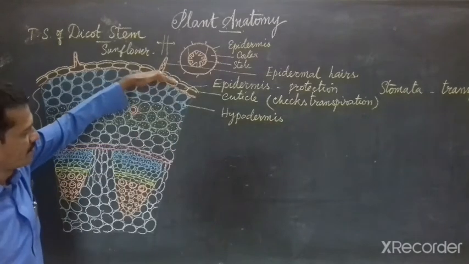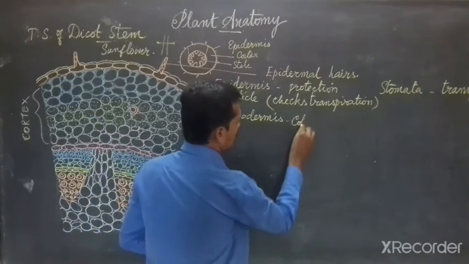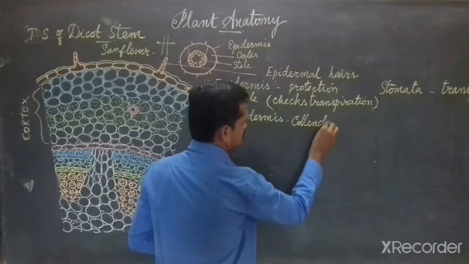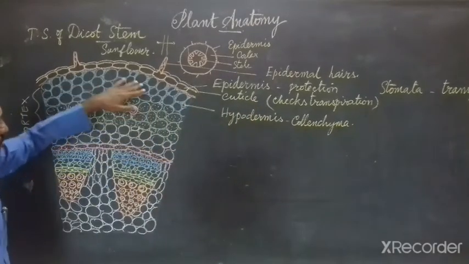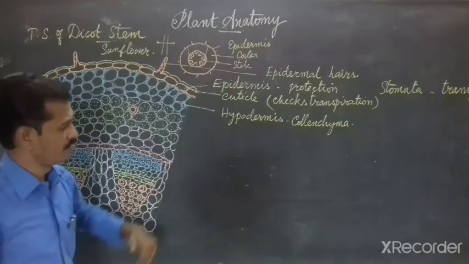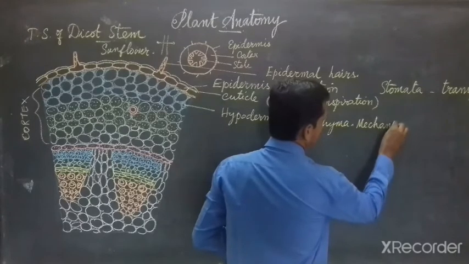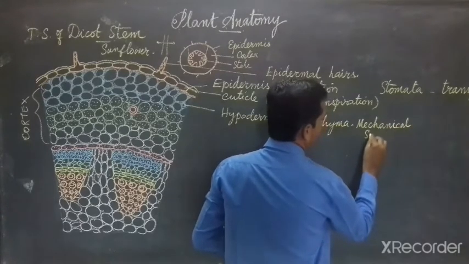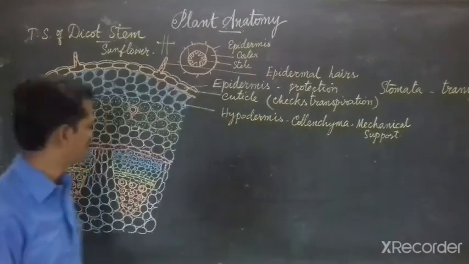So the region below the epidermis is the hypodermis, made up of parenchyma cells. Two or more layers form the hypodermis, which provides mechanical support to the stem.